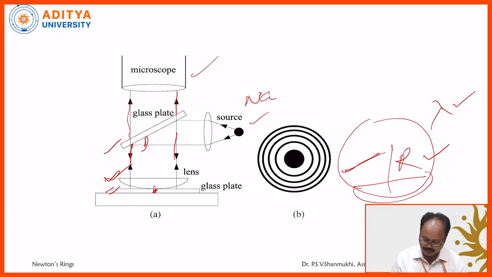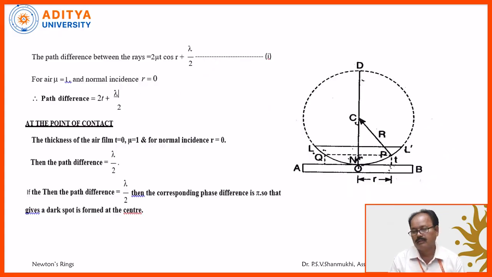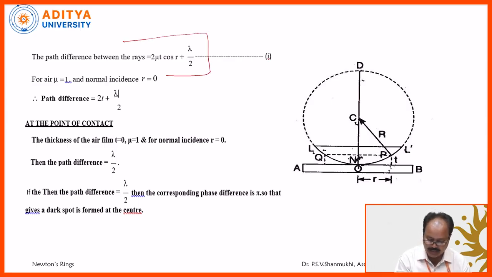For this, we take the thin film interference case, that is the cosine law. Already in the previous article we have seen the path difference between the two reflected rays. It is given by delta is equal to 2 mu t cos r plus or minus lambda by 2.